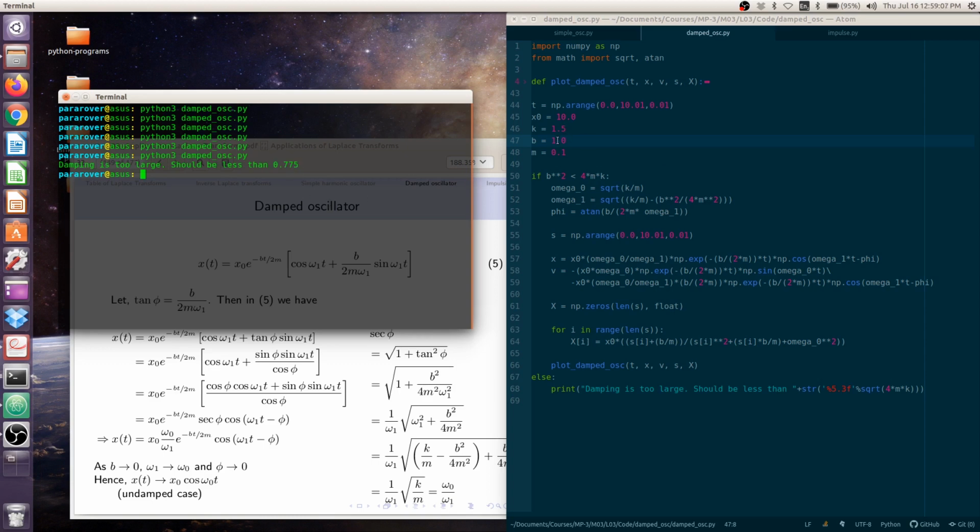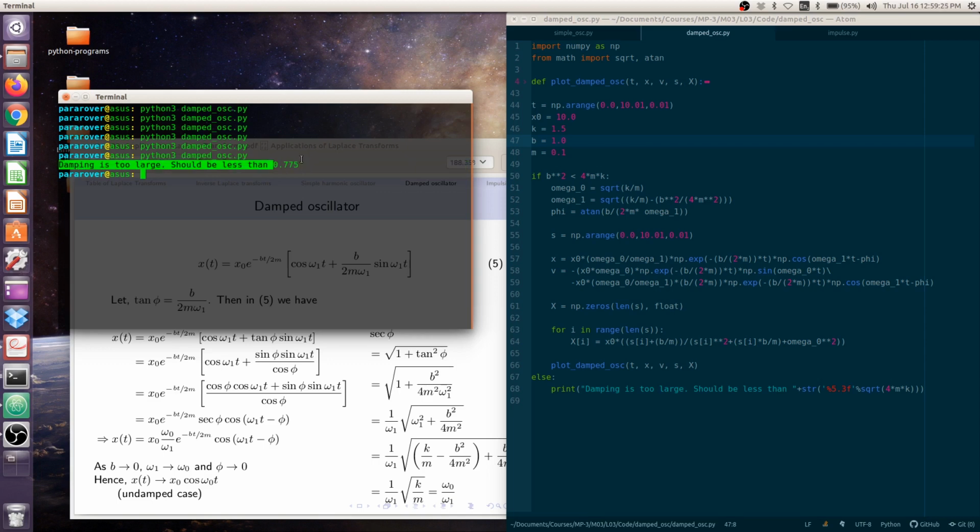So at critical damping, what happens? That is the value of damping at which the oscillator does not cross its mean position. From its extreme position, it just comes to its mean position and stays there. We can see that happening here.